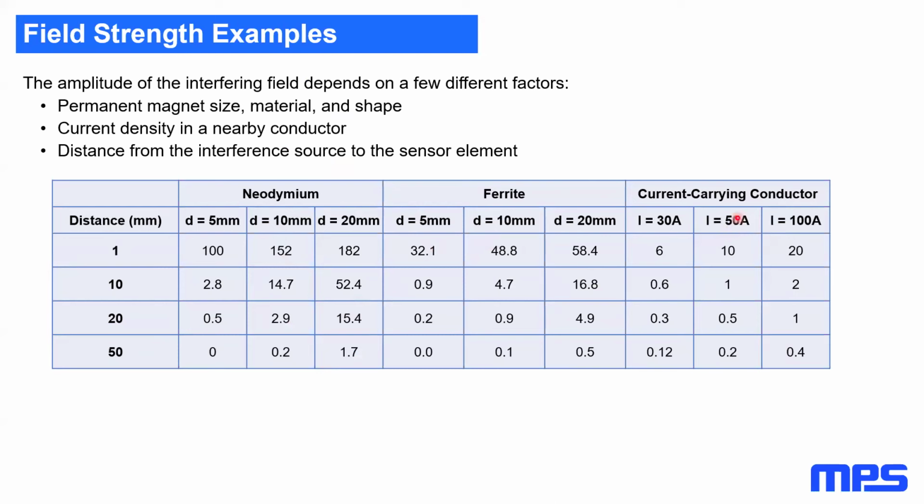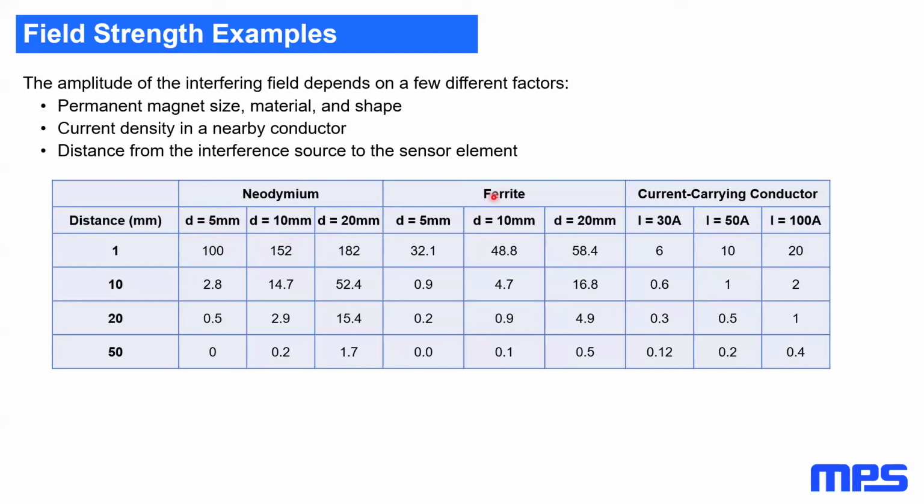But bear with me here for this table. I've got a neodymium magnet, and my neodymium magnet is going to have a diameter of either 5, 10, or 20 millimeters. And I'm going to assume the height is half the diameter. So here is 5, 2.5, 10, 5, 20, 10. So here's a neodymium magnet.